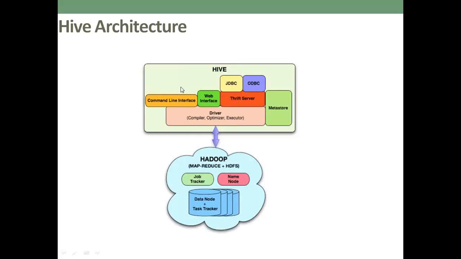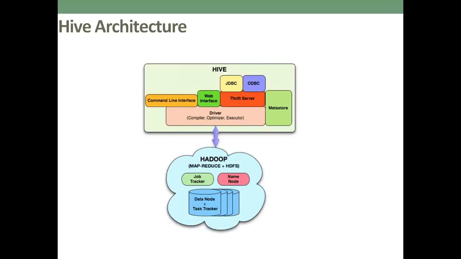So basically, what components will be there in Hive? We will have the CLI, the command line interface. We can write queries from the command line interface, like a terminal. We also have the web interface, and we can also execute Hive queries from any programming language like Java, PHP, or any other language.